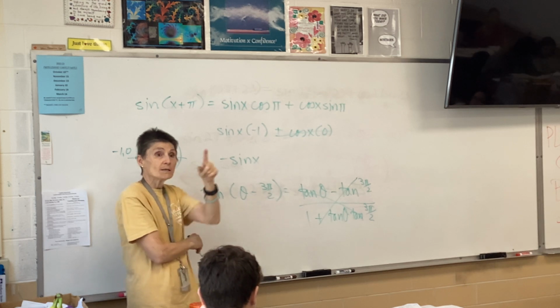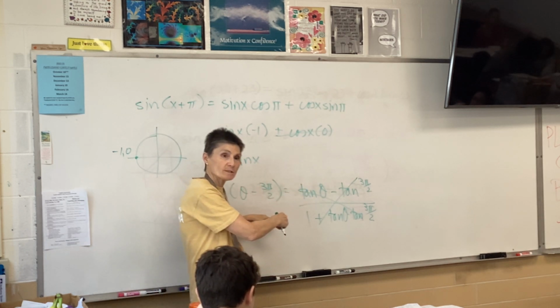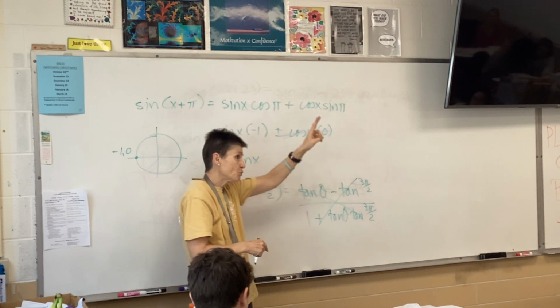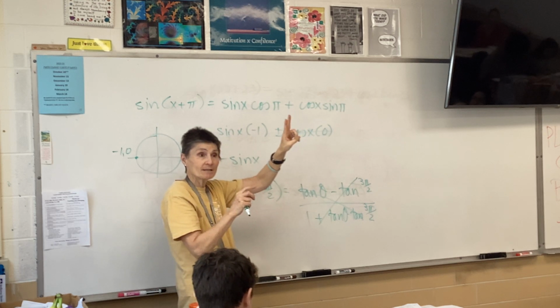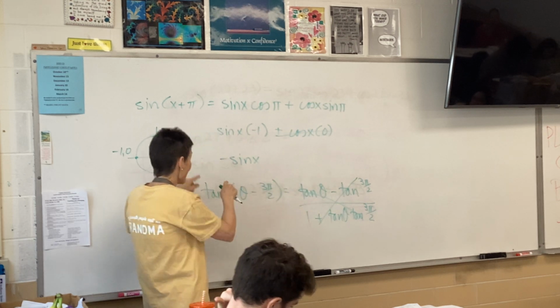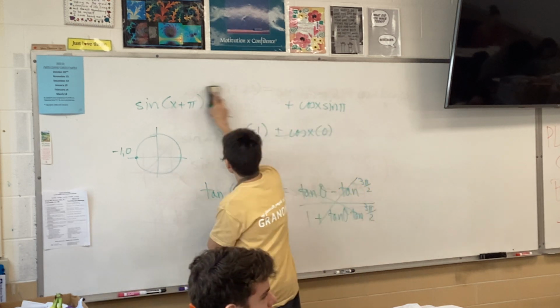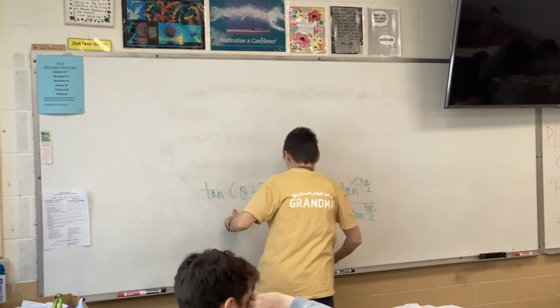Sine over cosine. What's the issue here, folks? The issue is tangent's undefined. There's two functions that are never undefined, sine and cosine. So we're gonna go back to the original problem and write it as sine over cosine.